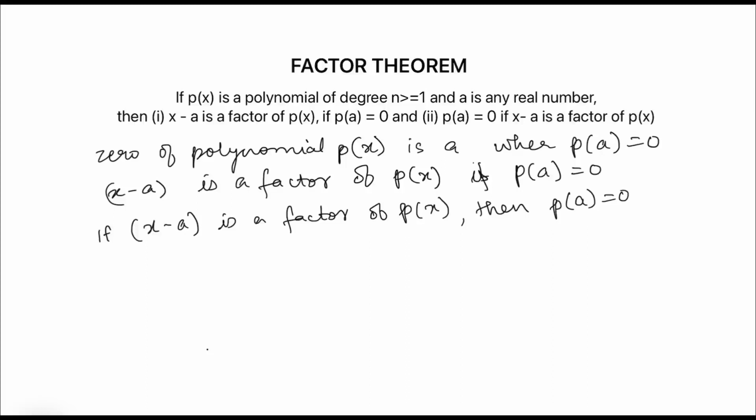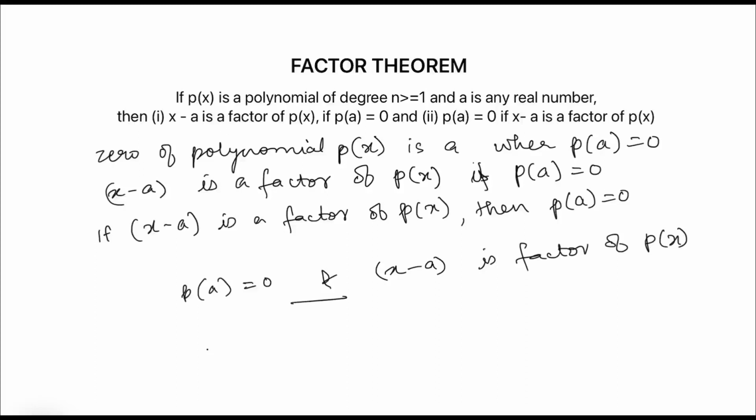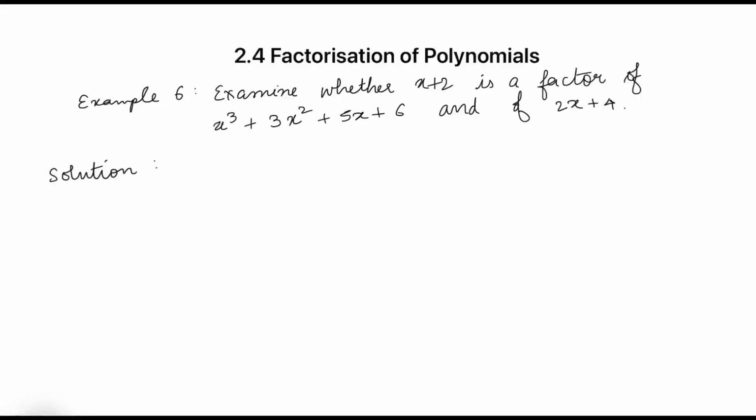It's just a relationship between p of a equal to 0 and x minus a is a factor of p of x. It just works both ways, right? So if one is true, the other becomes true, and if the other one is true, the first one becomes true. We'll look at this factor theorem and understand how factorization of polynomials works.